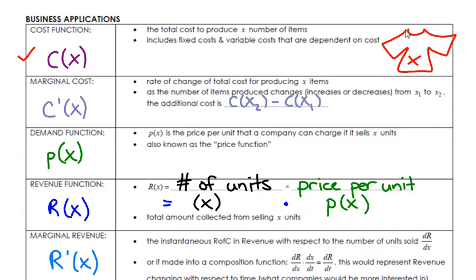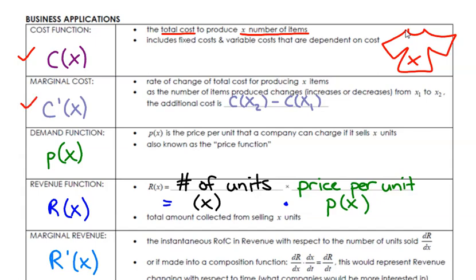The cost function represents how much it costs to produce the t-shirts, depending on how many t-shirts you actually want to make. So the independent variable is your number of items, the number of t-shirts, and then your dependent variable would be the cost to produce them.